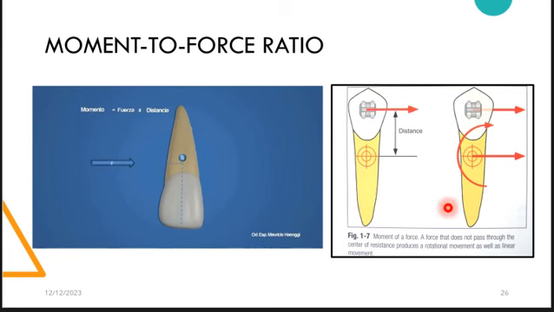By controlling the moment to force ratio at the CRes, one can produce different stress levels in the PDL and different centers of rotation. So the moment to force ratio combines the translational and rotational moments. The ratio is determined by the amplitude of force multiplied by the perpendicular distance of a tooth or a group of teeth.